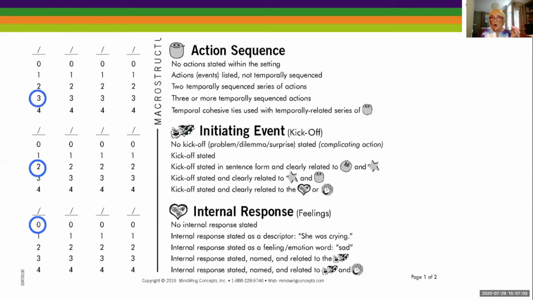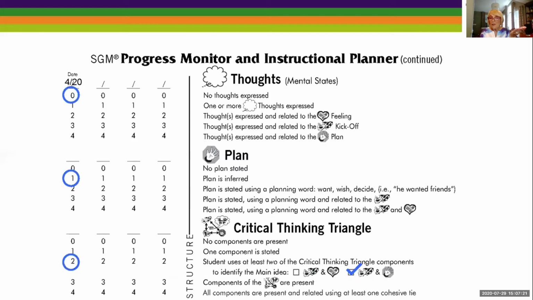We had no internal response, even though the story Shipwrecked has those internal responses in it. He stated the kickoff, and he related it to the character and the setting. There were no thoughts or mental states expressed. There was no plan.